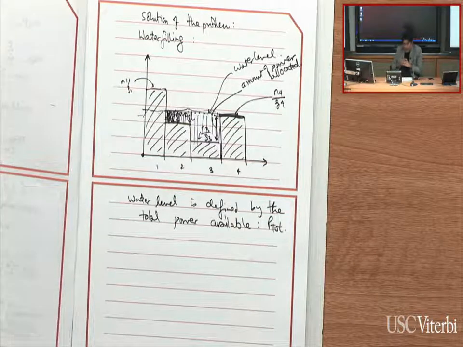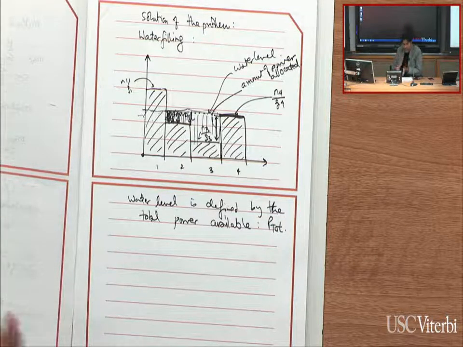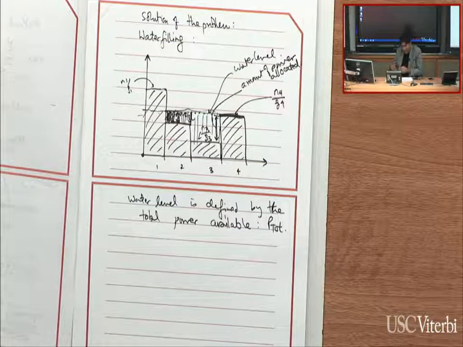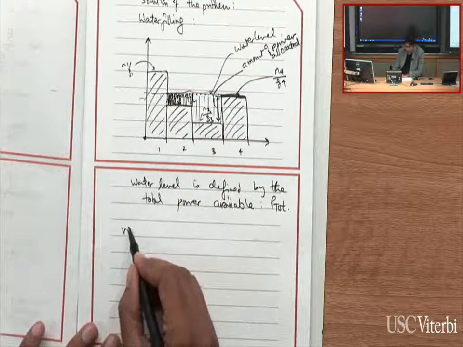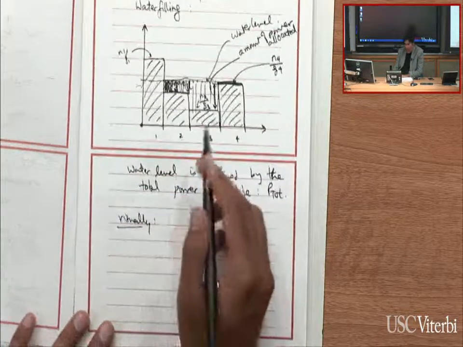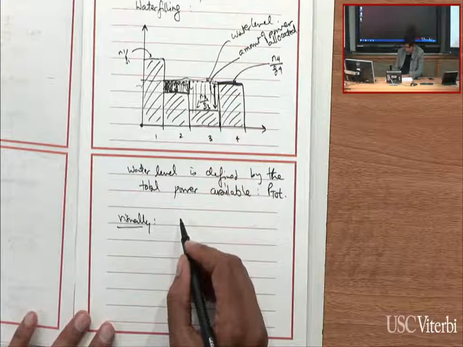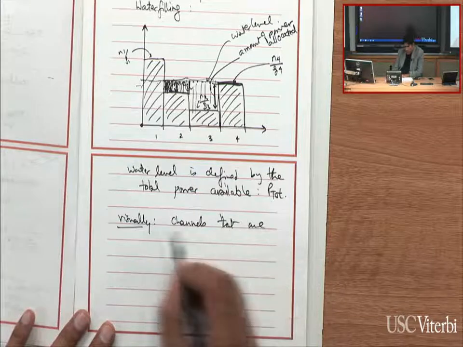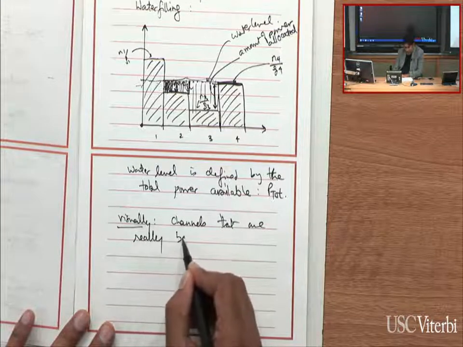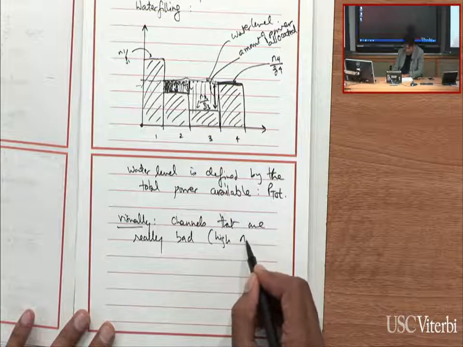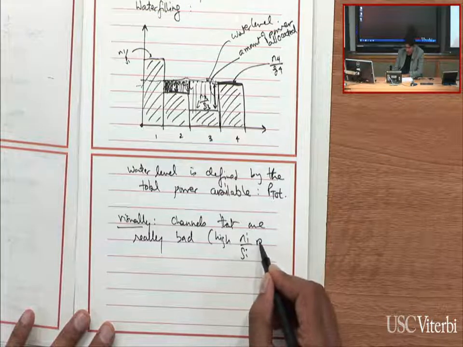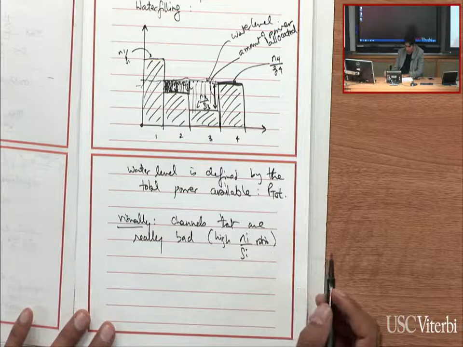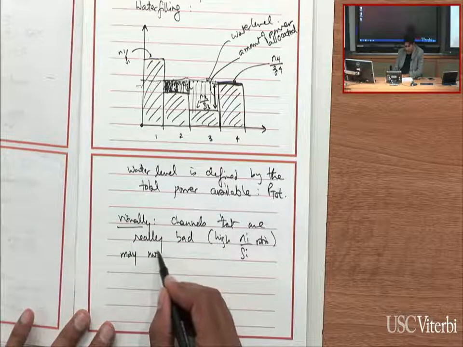So we're looking at this visually, and let's first take away some intuitions about what it means visually, and then let's try to write it down as an expression, and then try to look at what's happening as you increase the total power available. So first of all, visually, channels that are really bad, in other words, have a high noise to gain ratio, may not get any power at all.